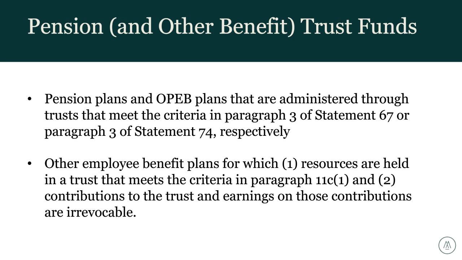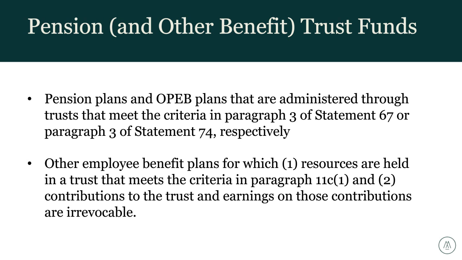But if you look up the criteria that's in Statement 67 or 74, it lists out the criteria that qualifies these plans, and those define these plans. And typically that's if the plan has contributions from an employer that are irrevocable. In other words, those contributions are going into a trust, and the government or the employer can't pull that money back out and use it for general purposes.